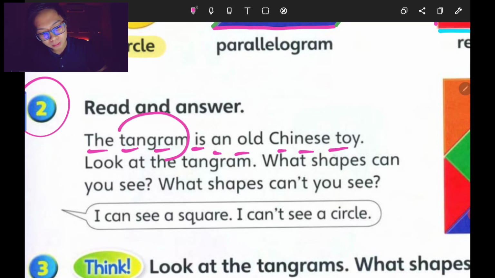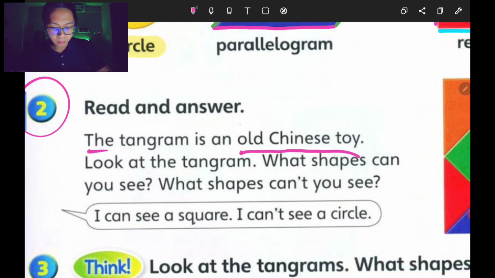Rupanya yang kita belajar tadi, bentuk-bentuk tadi ialah suatu permainan, an old Chinese toy. Okay, permainan tradisional orang berbangsa Cina. Dulu kita tiada mainan yang canggih.